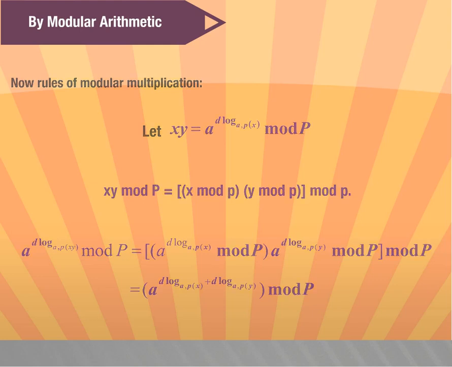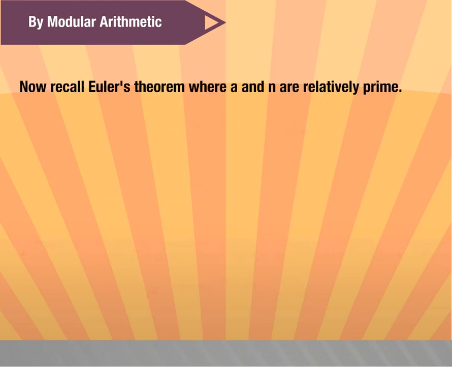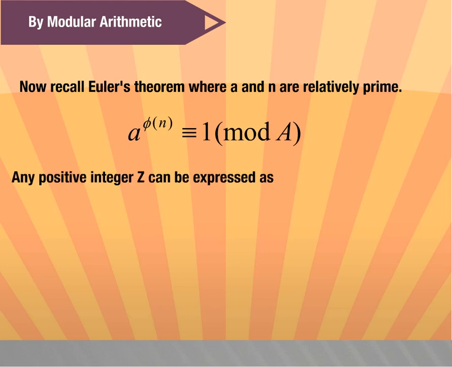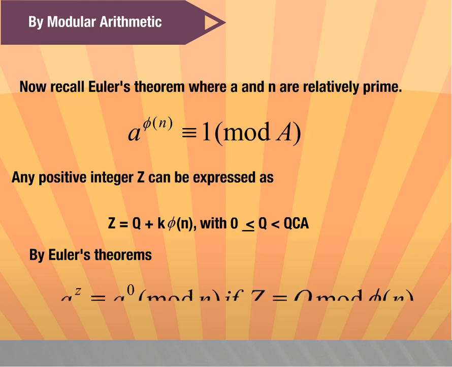Now recall Euler's theorem, where a and n are relatively prime: a^phi(n) is congruent to 1 mod n. Any positive integer z can be expressed as z is equal to q plus k times phi of n, with 0 less than or equal to q less than phi of n. By Euler's theorem, a^z is congruent to a^q mod n if z is congruent to q mod phi of n.